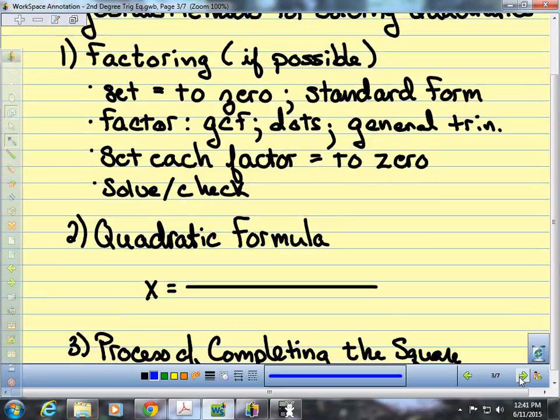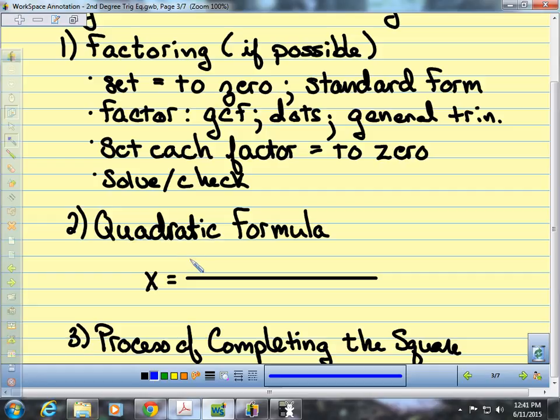Okay. Quadratic formula. What was our quadratic formula? Negative b. Plus minus always comes before a what? A radical. What goes under the radical? B squared. What do we call b squared minus 4ac? The discriminant. And what does the discriminant tell us about the roots?